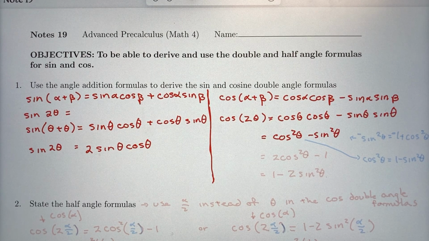Okay, I'm going to write down 2 variations on this. If I take and turn sine squared into 1 minus cosine squared, notice that it doesn't cancel because it's minus minus. So negative sine squared is negative 1 plus cosine squared.